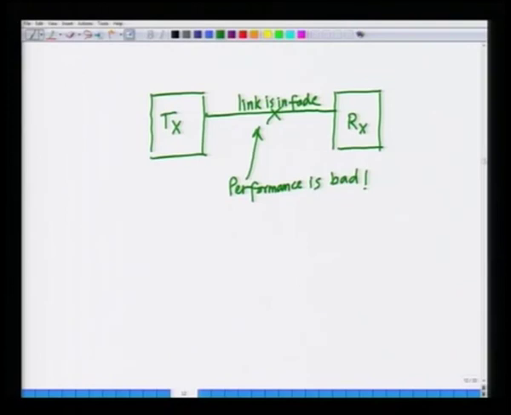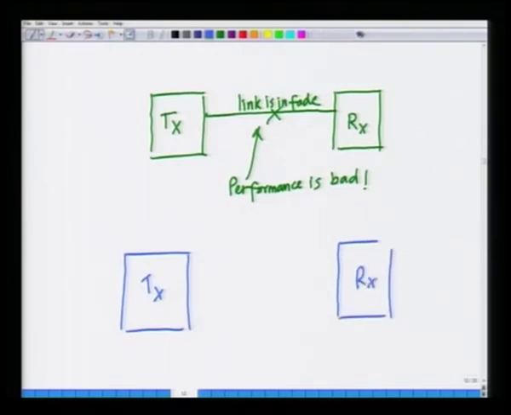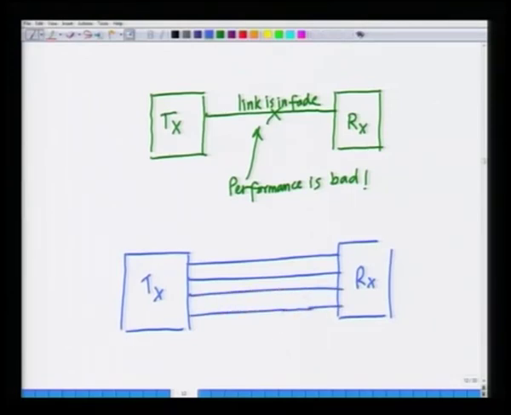So, now one possible method to avoid this problem is a rather simple technique. It is not very complicated. Consider another transmitter and another receiver. I have one link, but now, instead of one link, I can have multiple links. So, in this multiple link system, even if, let us say, 2 links are in a deep fade, the rest of the links can be employed to transmit information.